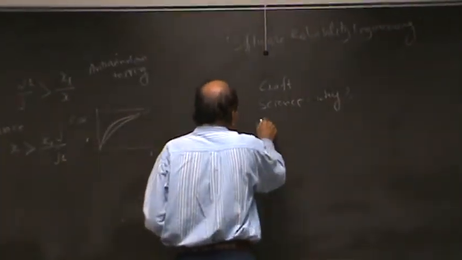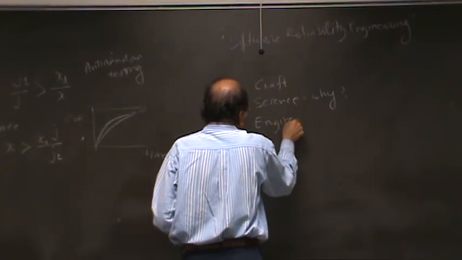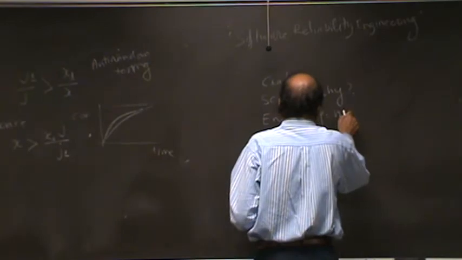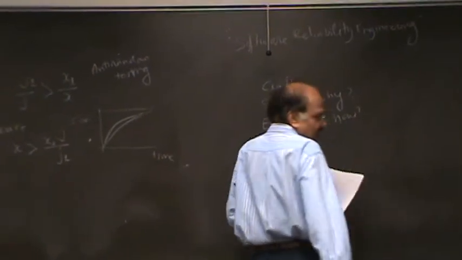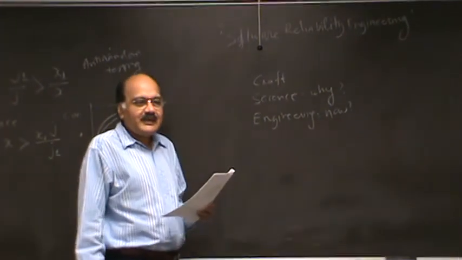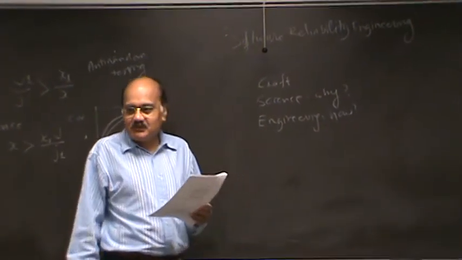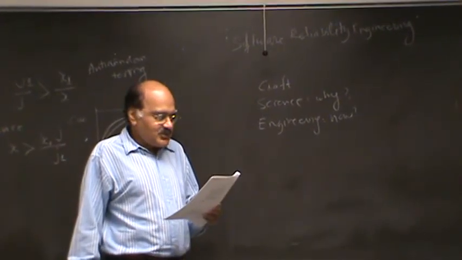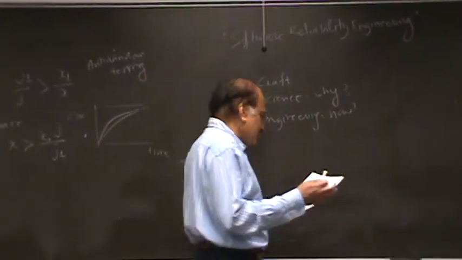And then of course there's engineering. And engineers are interested in how. Okay, so we know that it is going to strike the ground, but how can we make something using this principle that satisfies some requirements? So basically engineering is how to get done what we want.